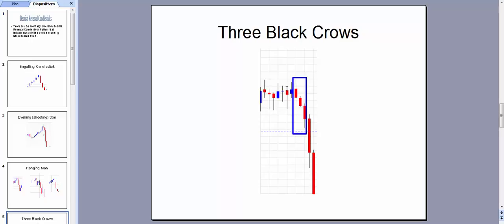It comes at the end of a bullish trend, which has been somewhat weak. When you see these three candles come in one by one, following each other, it indicates that the uptrend is reversing down, and you take the trades to the downside.